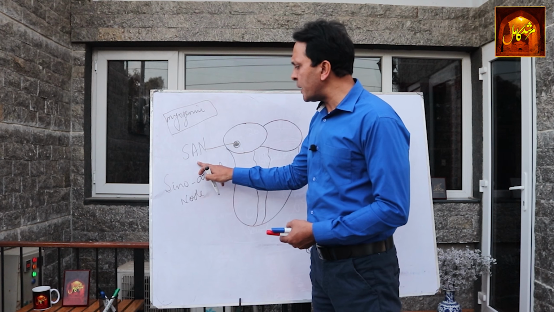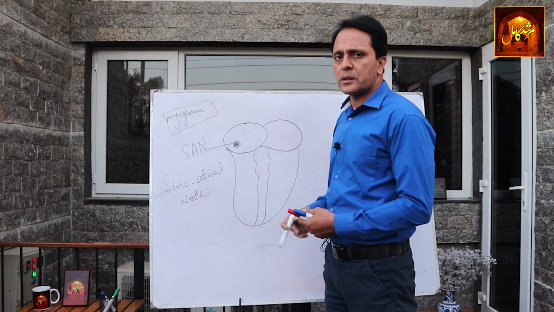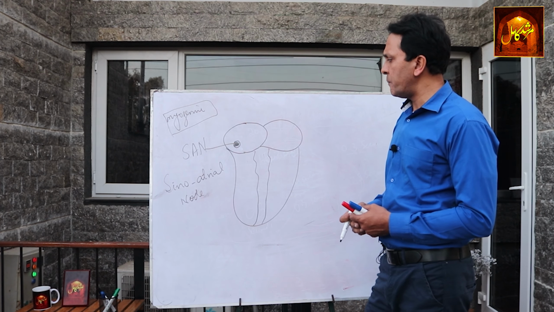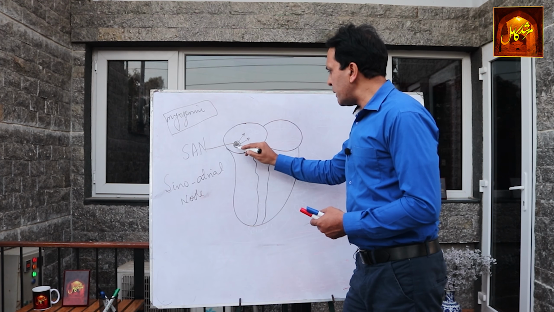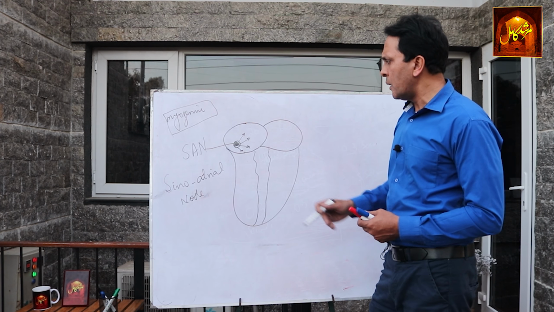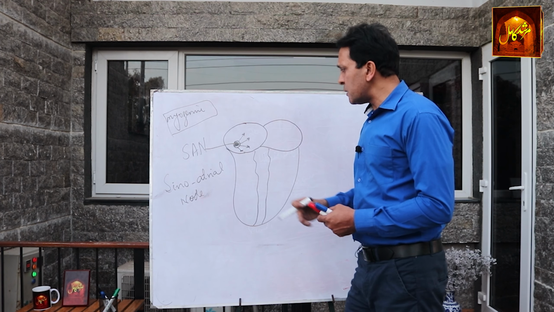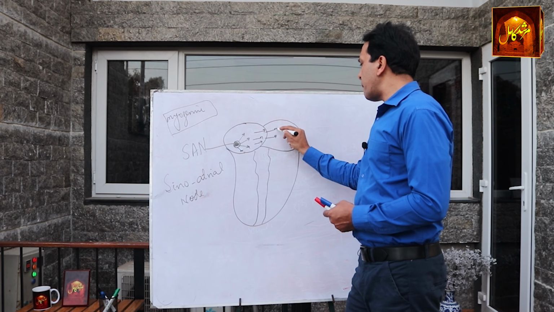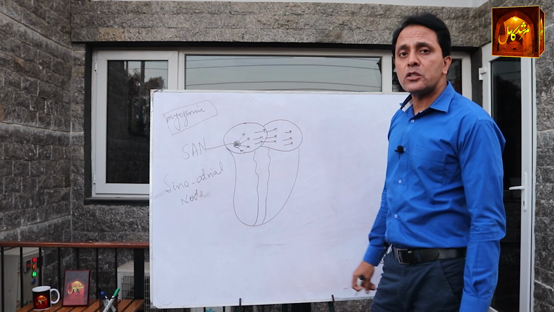Due to the presence of this SAN, the heart will not depend on the nervous system for receiving the information for contraction of muscles. When a wave of excitation is produced here in the right side of the heart, the right atrium, this wave of excitation will travel horizontally towards the left atrium as well.